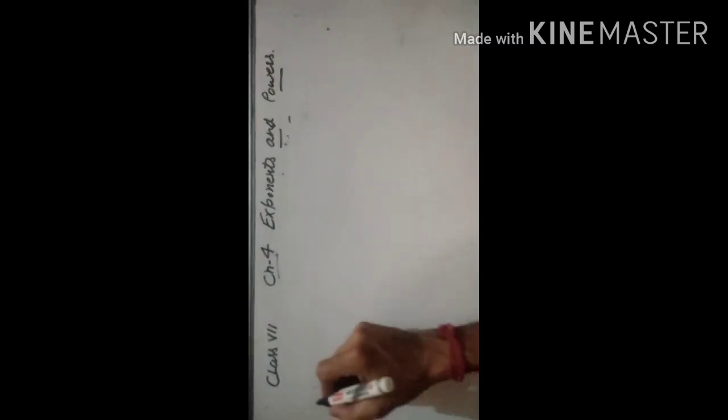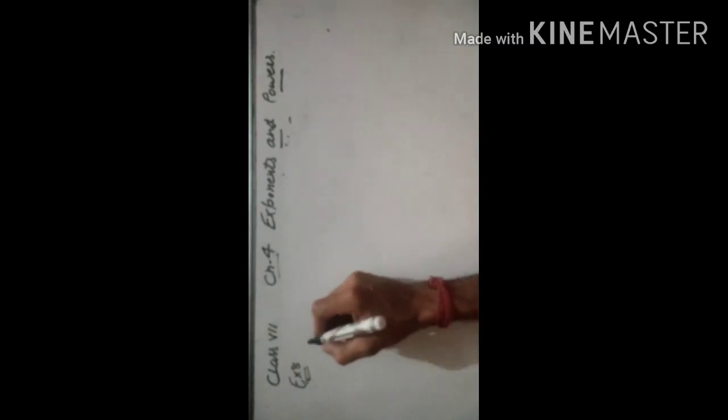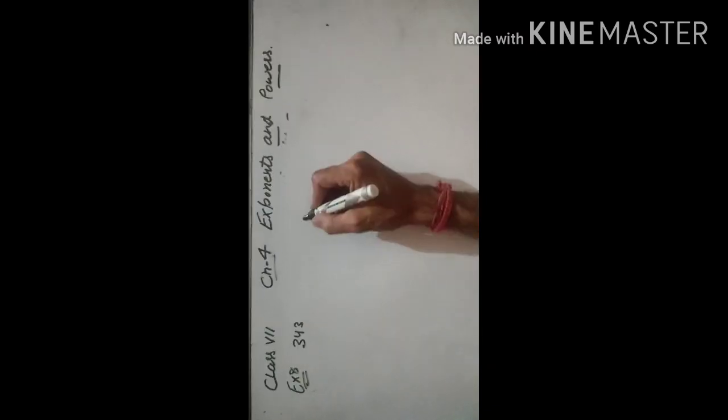Now example number 8. Express the following numbers in exponential form. First is 343.